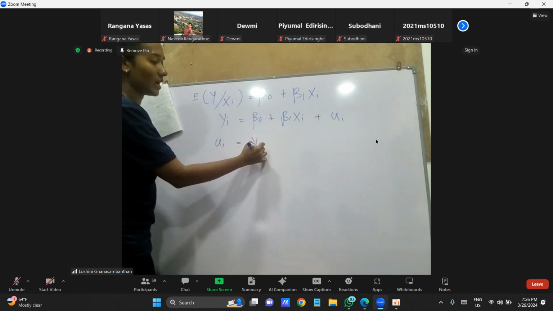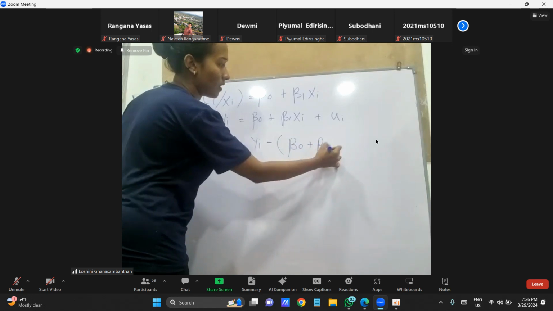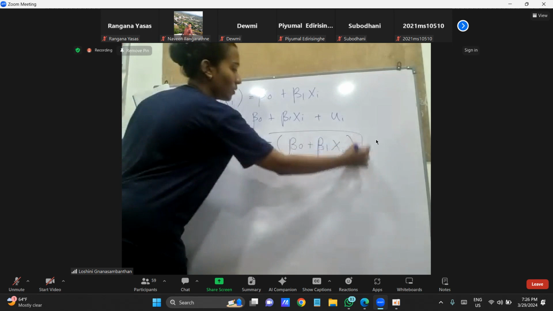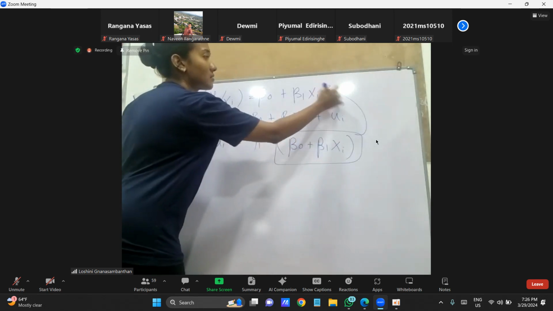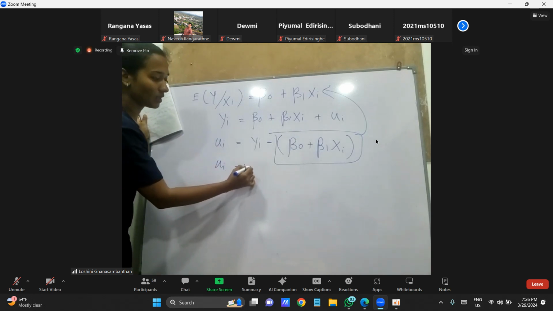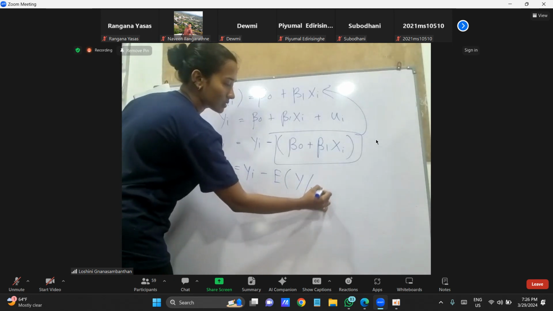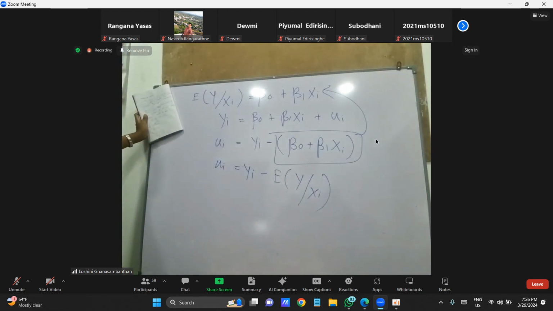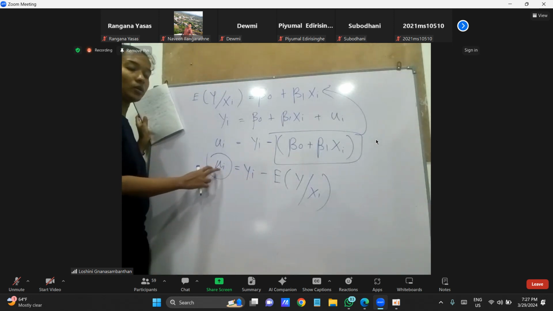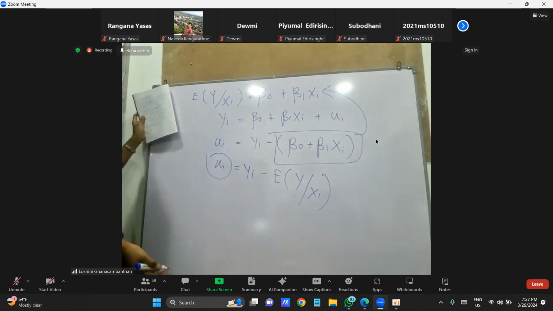It will change to u i equals y i minus beta naught plus beta 1 x i. So you know that this is y i minus expectation of y i given x i. You can give an equation for the u term also by this, right?